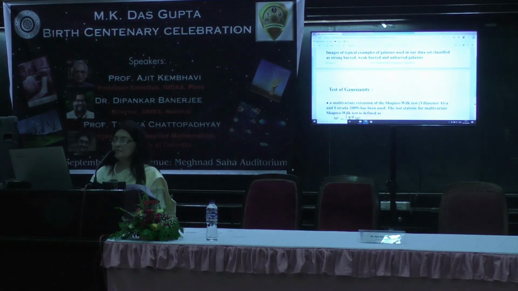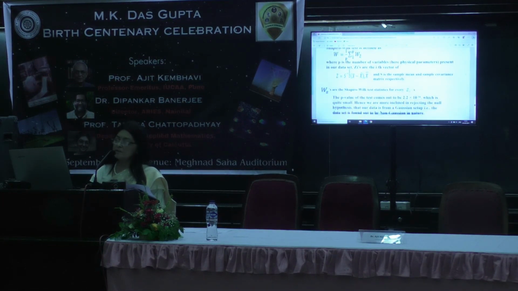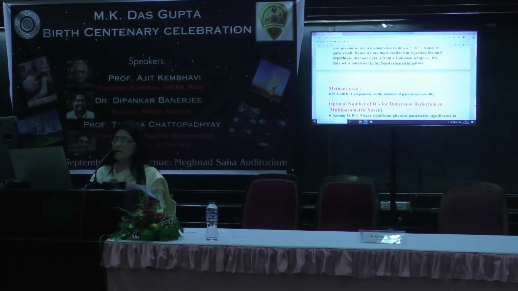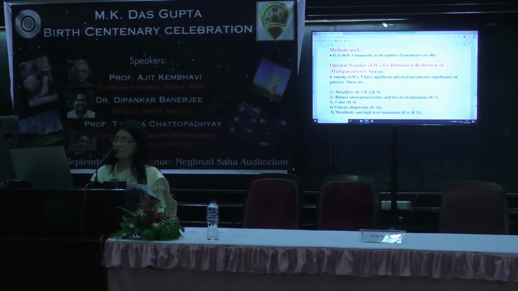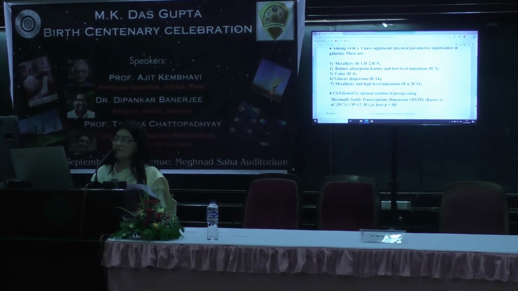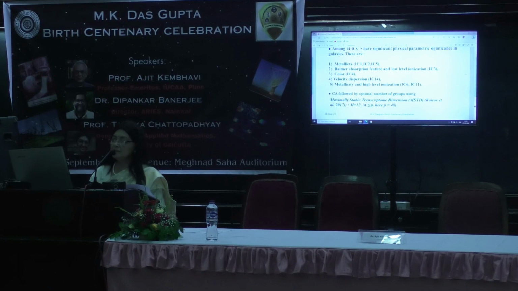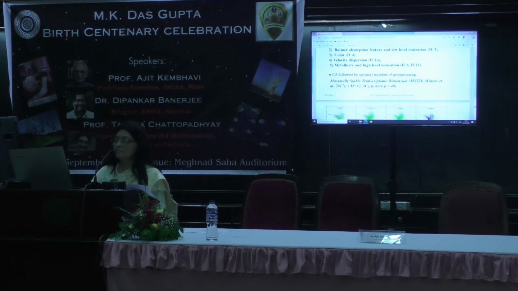This is the Gaussianity test before the analysis, and the method we have used is ICA. The optimum number of ICs is 14, and their physical interpretations are metallicity, then the absorption feature, then the color, then the velocity dispersion, the metallicity, and high level ionization.